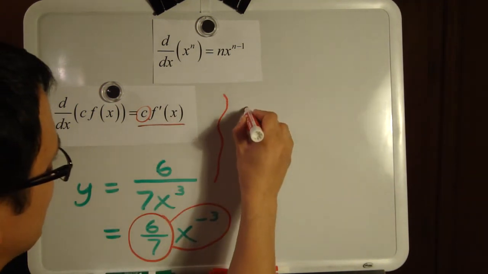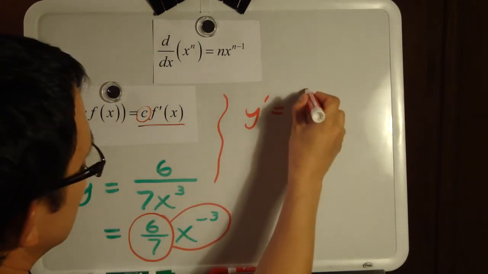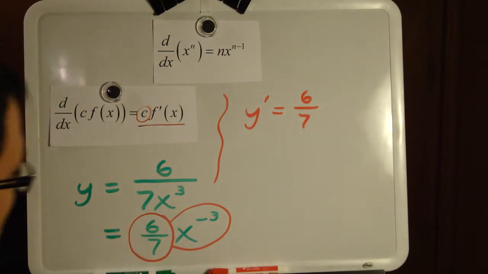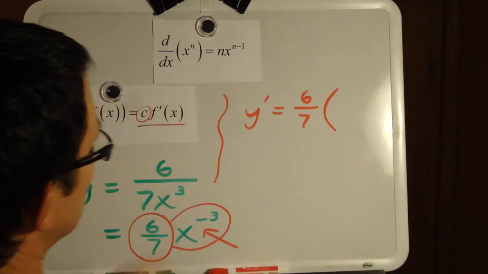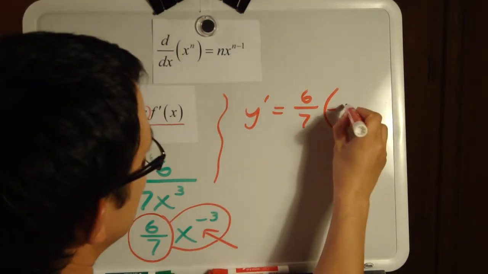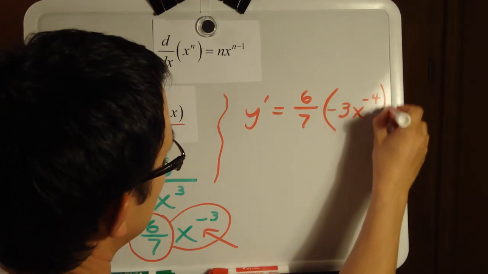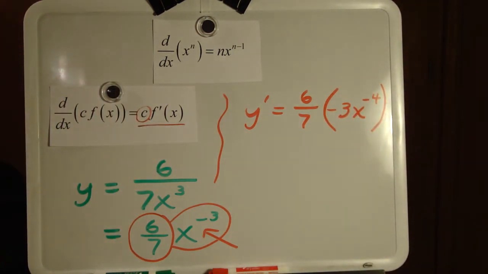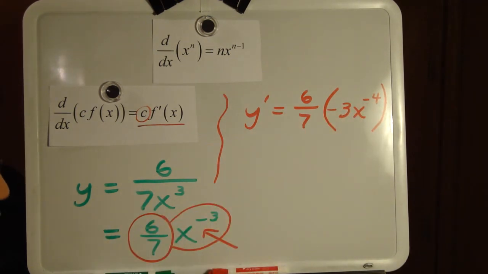So when we take a look at this, y prime, according to this rule here, will equal 6 over 7, and then we have to find the derivative of this function. That would require using the power rule up here. So this would be negative 3, and you write down the x, and you have to drop the power by 1. That's a little bit tricky. So we have negative 3x, and then drop negative 3 to negative 4, and then this will be our derivative, and we take these two and multiply them.